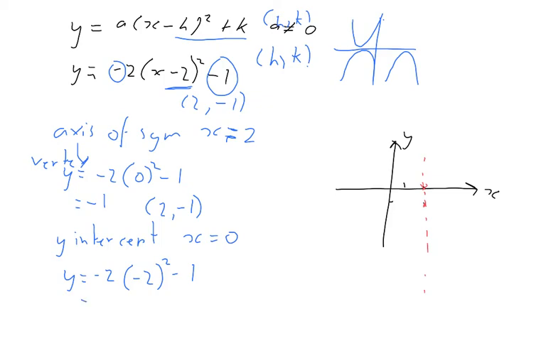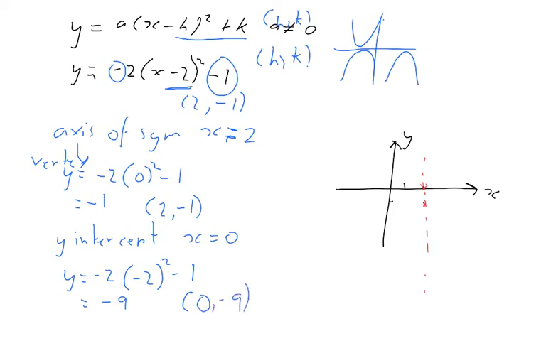That's minus 2 times 4, which is minus 8, minus 1 is negative 9. So our y-intercept is 0, negative 9.